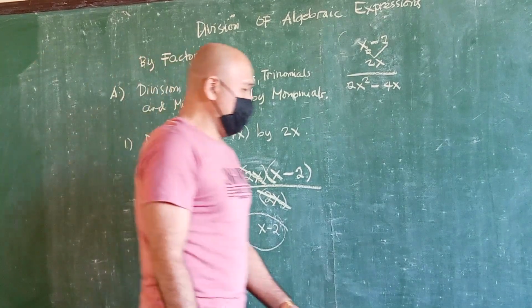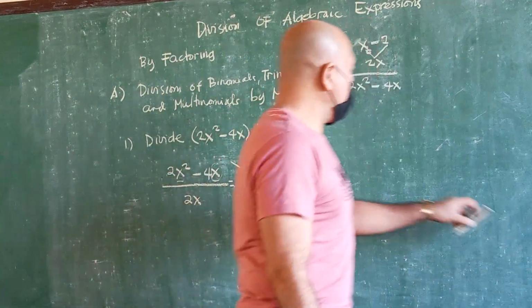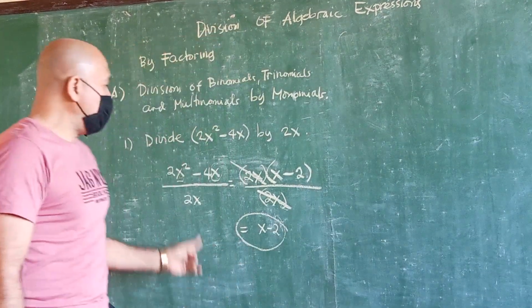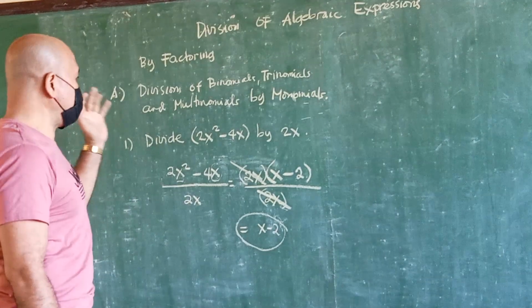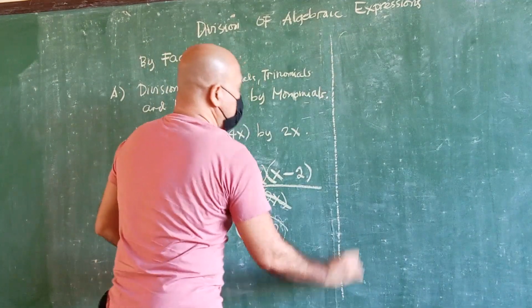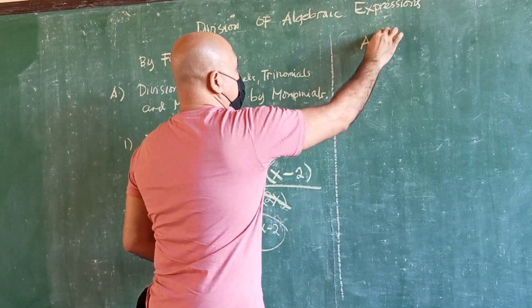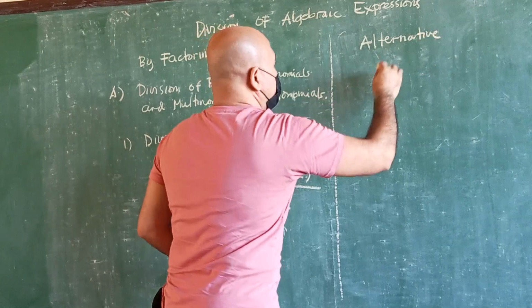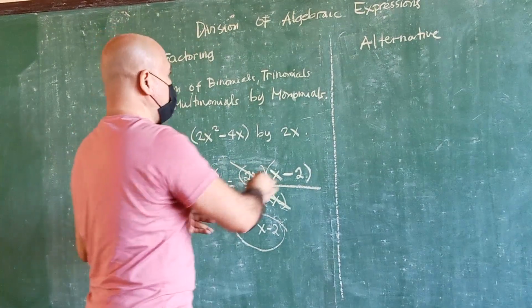And you can also, if ever it will be complicated for you to apply the factoring method, although the process here is factoring, you can do this process as your alternative way of performing this division.